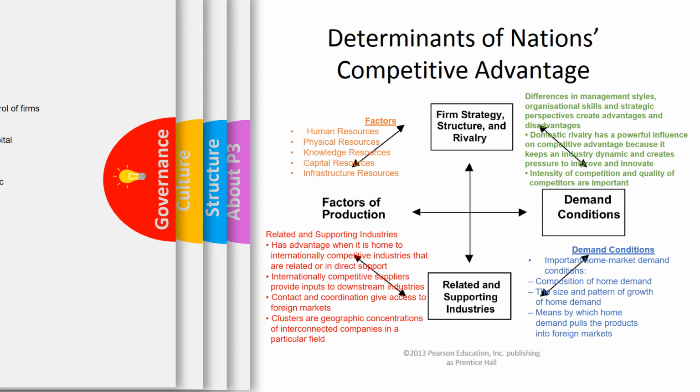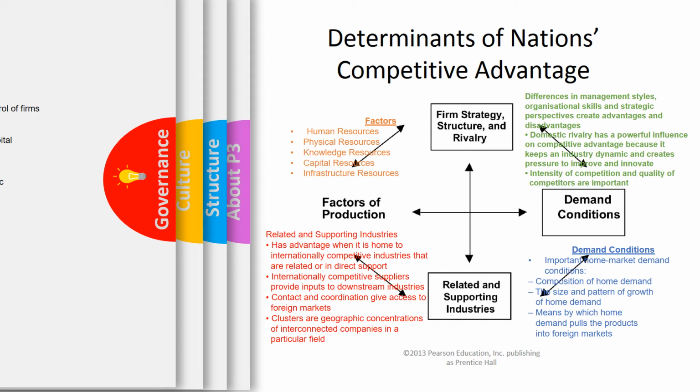Number 3, related and supporting industries. Now, there's many related industries and suppliers within Germany, but just one example is IT suppliers such as Siemens and SAP. Now, these firms themselves have a global competitive advantage, but by working together with these firms, the car industry can enhance its national competitive advantage even further.